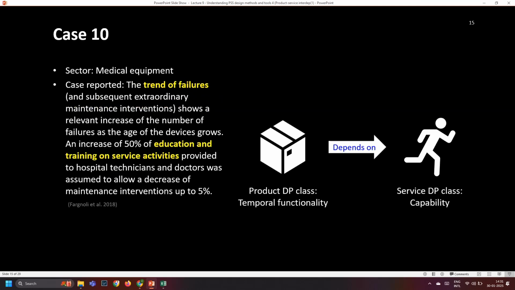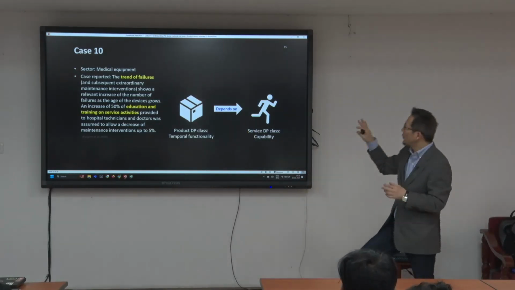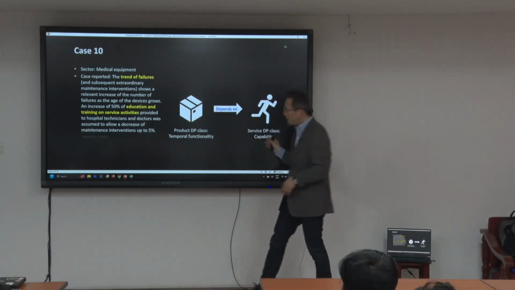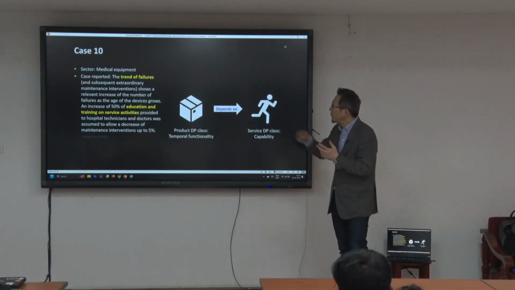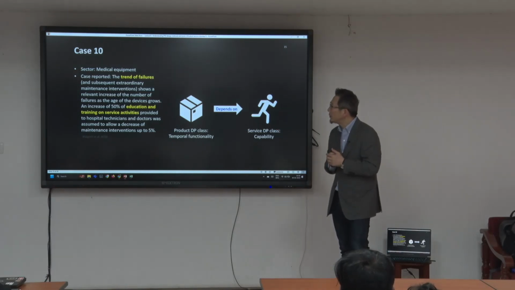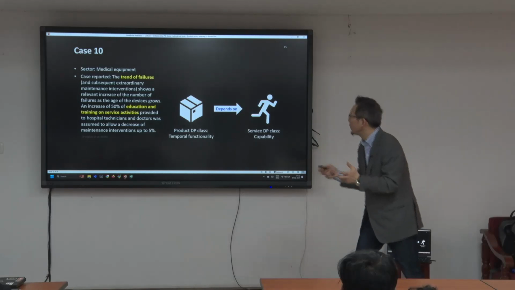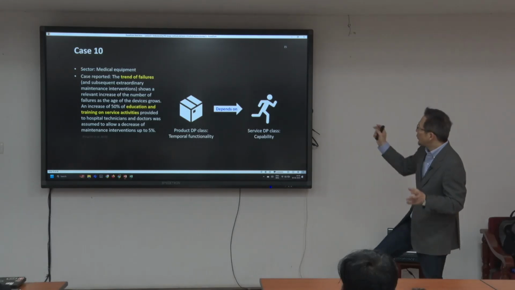Medical equipment case. In this case, when the medical equipment devices get older, there was a need for more education of the technicians, hospital technicians and doctors, in terms of training in order to increase their knowledge for how to deal with the medical equipment device.